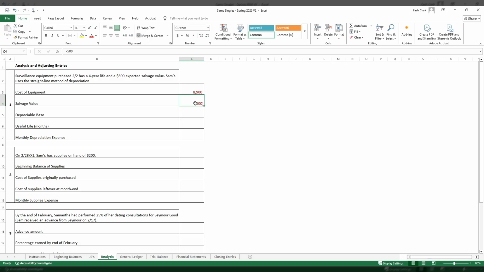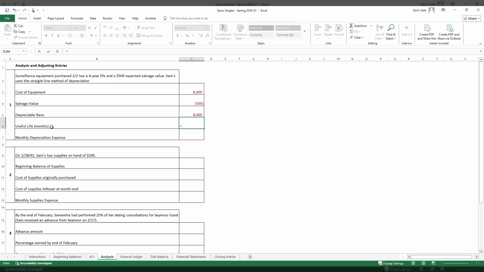So we're going to take in the cost of the equipment. We're going to subtract out the salvage value, but $8,900 minus $500 gives us a depreciable base of $8,400. The useful life in months, because we're just going to record one month's worth of depreciation here.